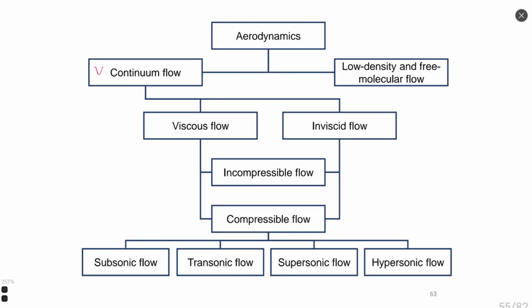And for both of these types of flow, it can be considered as incompressible flow or compressible flow. In this division, compressible flow can also be separated into subsonic, transonic, supersonic, and hypersonic flow, depending on the value of the dimensionless criterion, the Mach number.